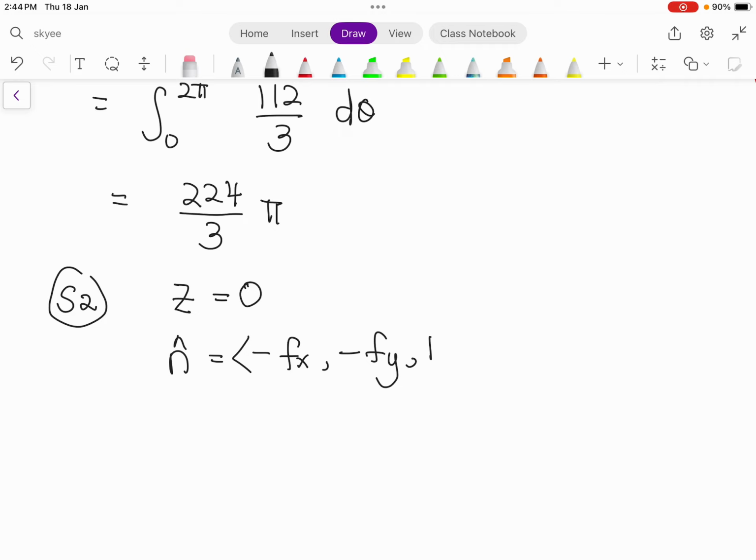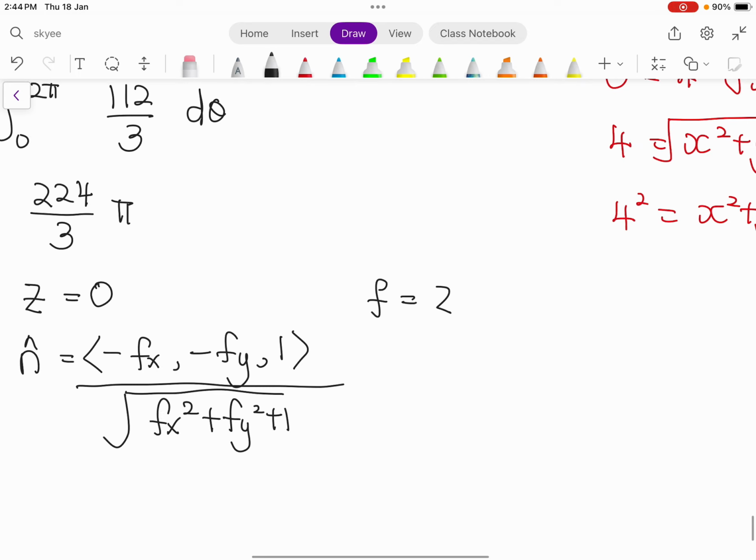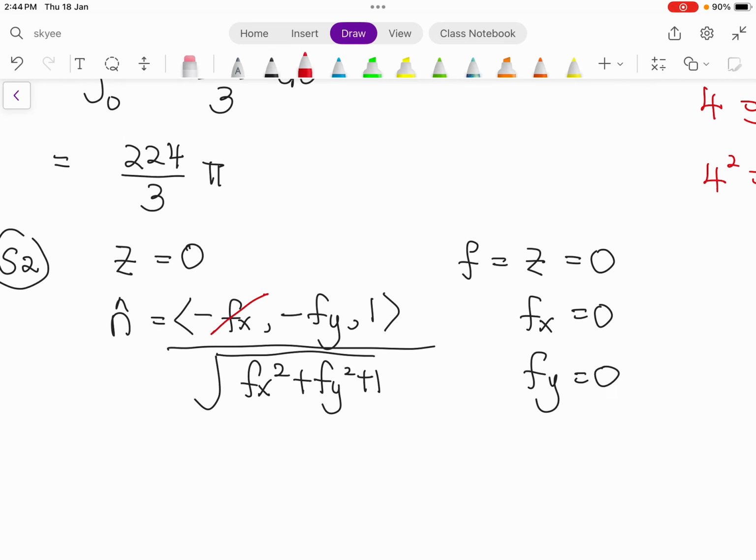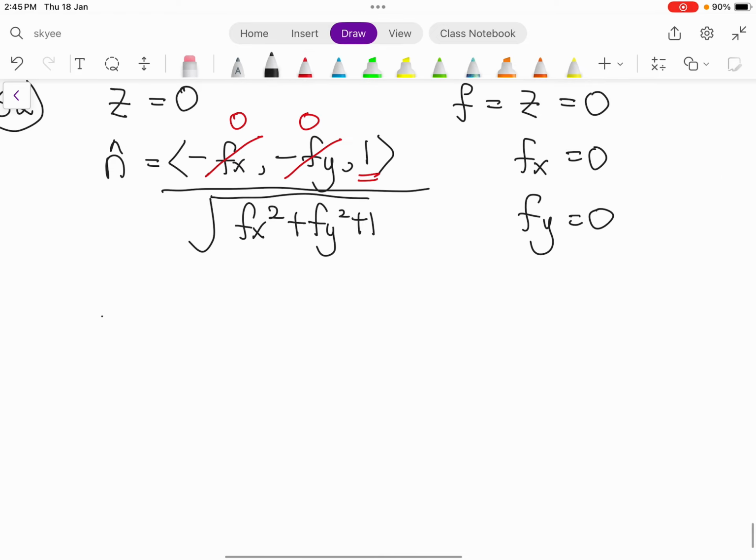For the flux, you need normal vectors. The f over here will be equal to z, and in this case z is 0, which means fx is 0 and fy is also 0. So you will cancel these, and you are left with the 1 here. When you do the double integral again, F is equal to x, y, and 2.